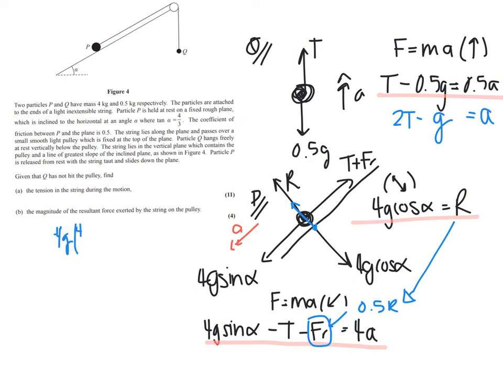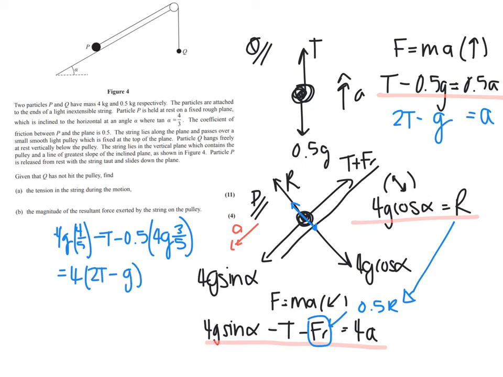Sine alpha is 4/5, based on the work we did earlier, minus tension, which we want to find out, so we'll leave that there, minus friction, which is a half of R. Now R is 4g cos alpha, and we know cos alpha is 3/5. And that equals 4a, and we know a is 2t minus g.